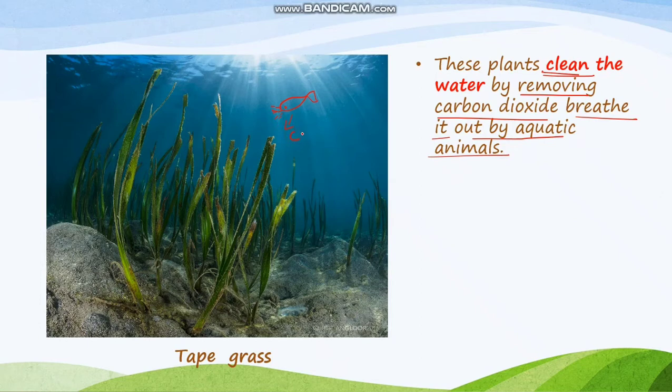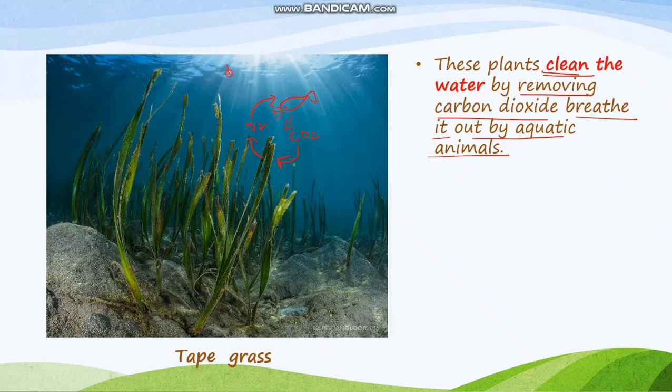It will give out CO2, and when it gives out CO2, then this CO2 will be taken by this green plant, and this green plant will in return give oxygen, and then this oxygen will again be taken by the aquatic animal. So like this, these green plants which are found inside the water help in cleaning the water.